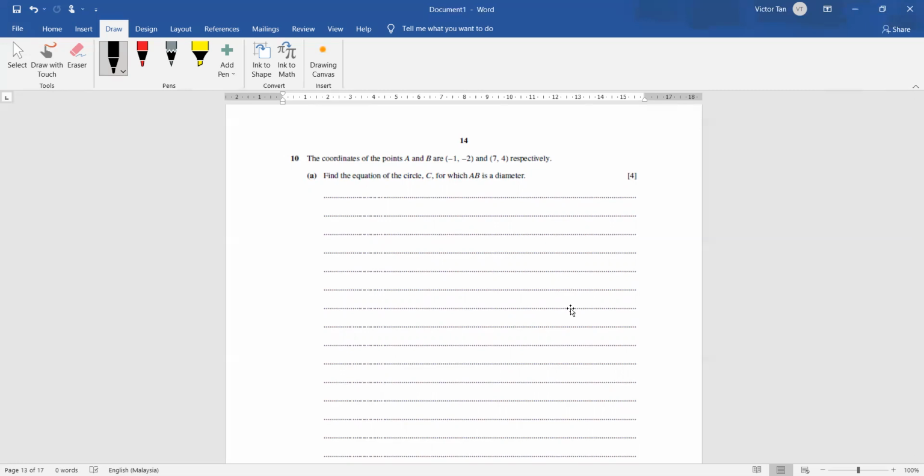Circles. So this is part of the new syllabus starting from 2020 as well. You have a circle with A and B as the diameter. The center is O. Equation of circle is x minus a squared plus y minus b squared equals r squared, where the coordinates a, b is the center.